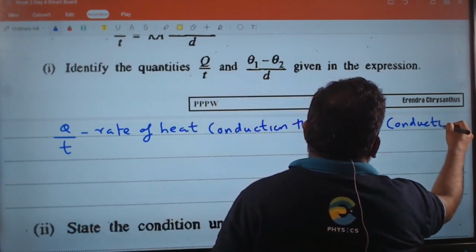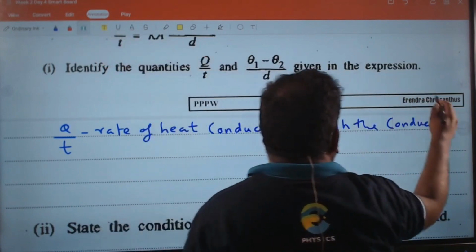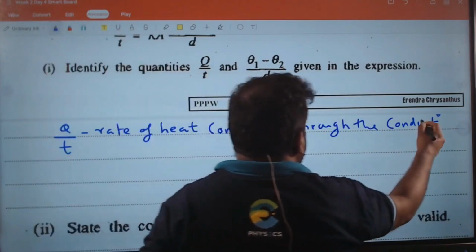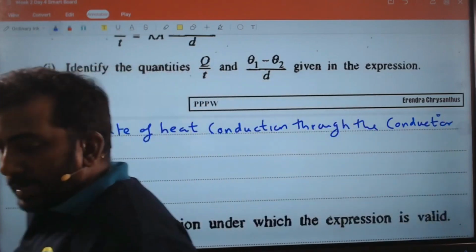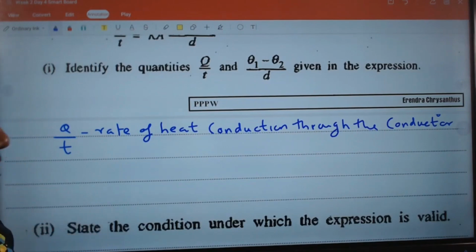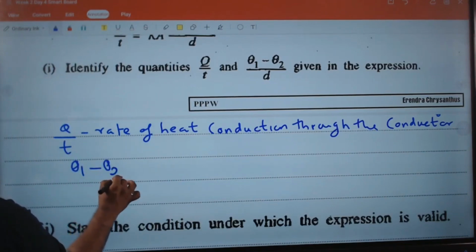What is theta 1 minus theta 2 divided by D?